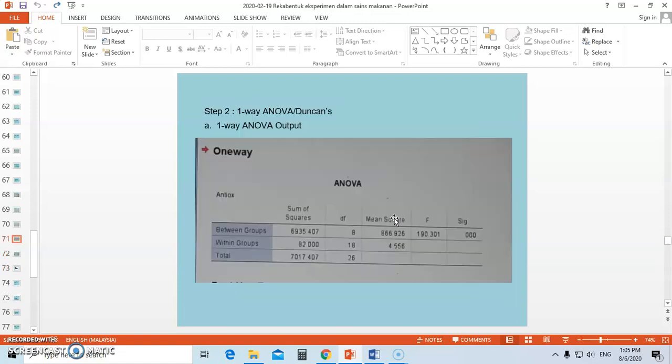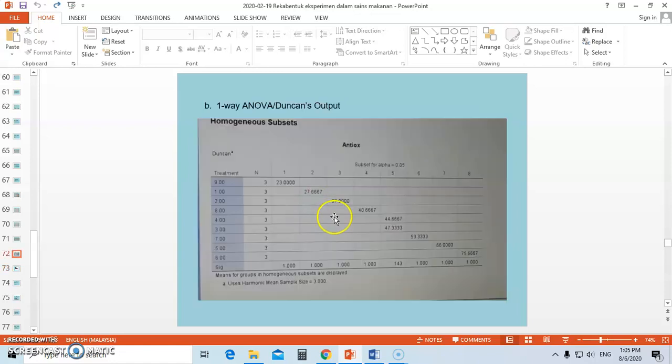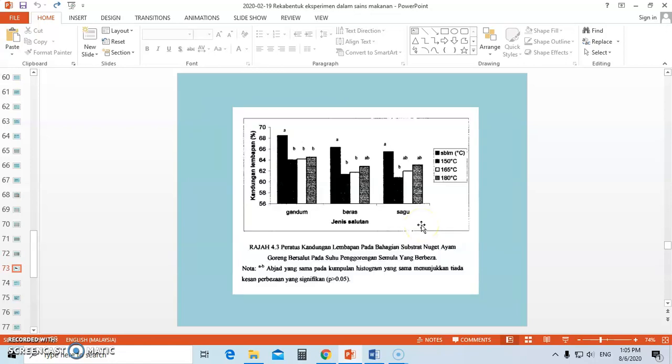After we have done this, we can present it in a histogram like this one or in a table, and we should put the statistical notation so that readers will know the result of the statistical test.